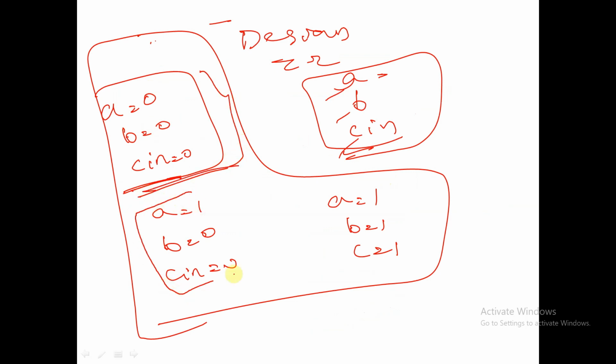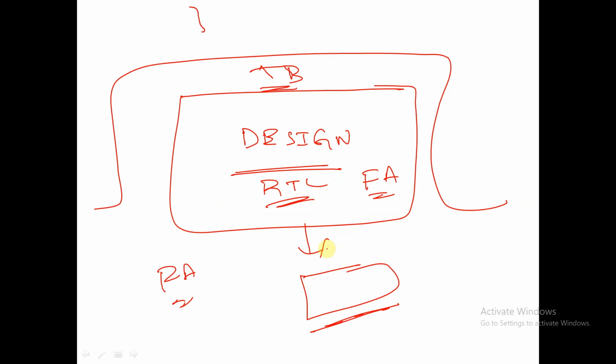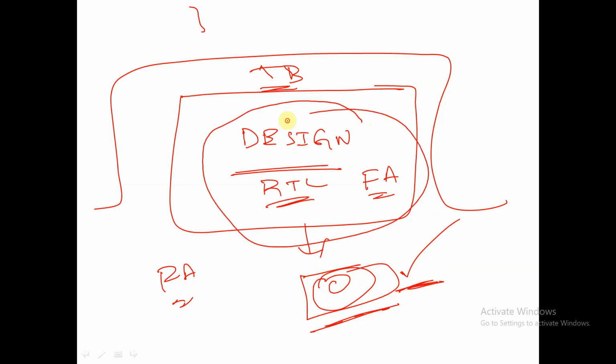Since we already know this, we analyzed the output we got from our full adder through the test bench. If our output is correct, then we conclude that our design is working perfectly. If we have not got that output, then we may conclude that our design is not working correctly.